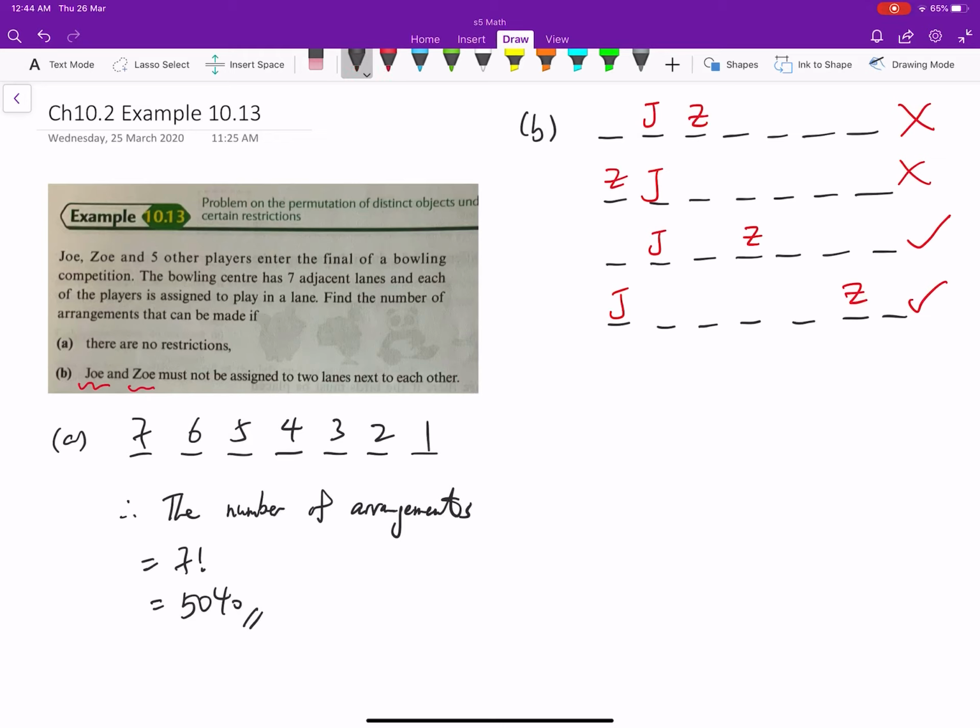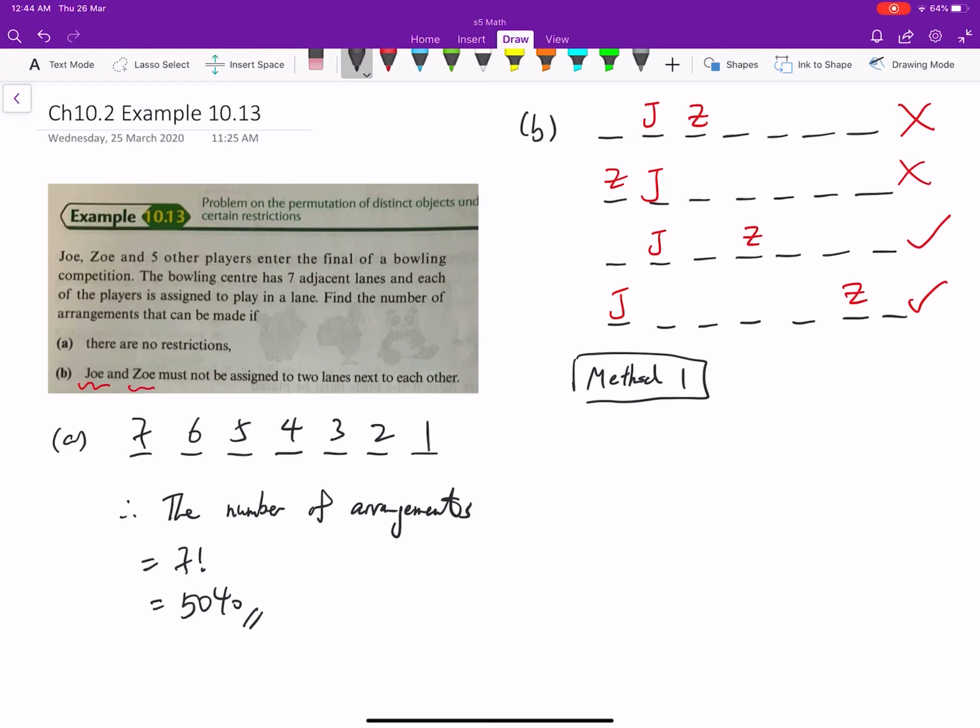So the first method, let's have a look. Method 1. Now Sui and Joe cannot be next to each other, right? So we imagine we put them together and first count the number of arrangements. After that we use the total arrangements minus this part. Then the remaining will be the cases where they are not next to each other.